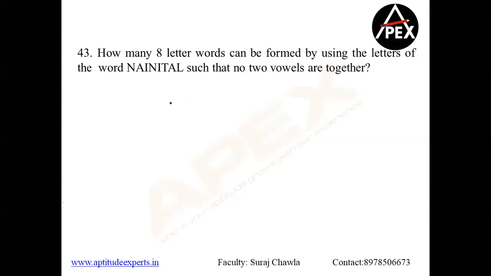Okay. Let me just explain once again. I don't mind explaining once again. Now understand, guys. You are first arranging four consonants. Assume all of them are different, so they will be arranged in 4 factorial ways divided by 2 factorial, as the two N's are similar. Now we discussed yesterday that these are the places created, right? 1, 2, 3, 4, and 5. So in these 5 places, I have to arrange the 4 vowels.